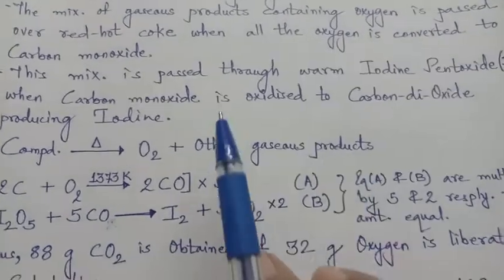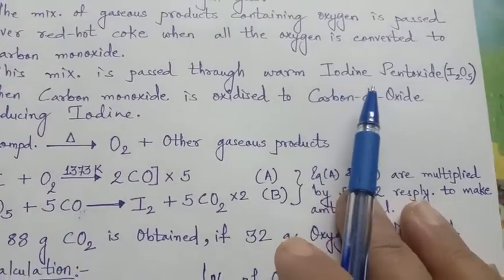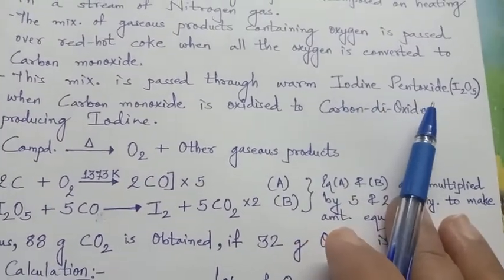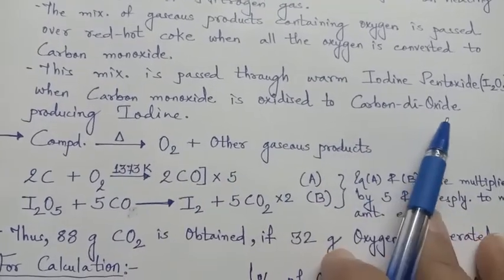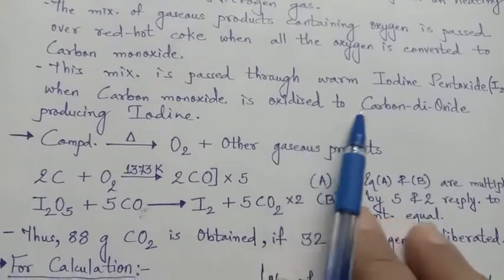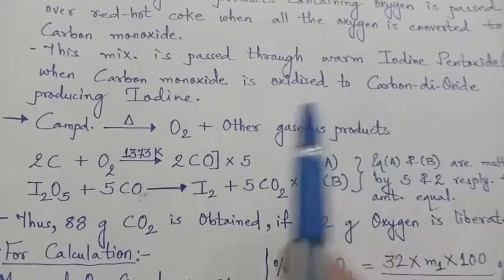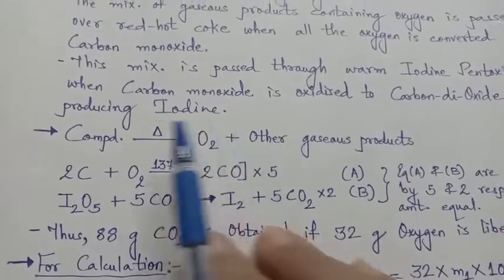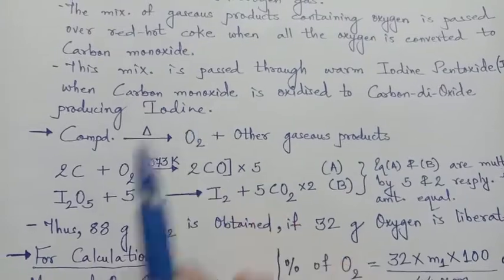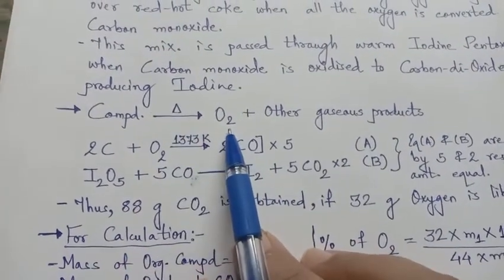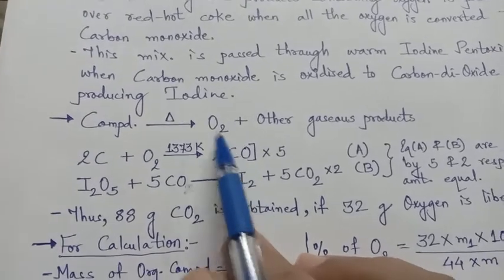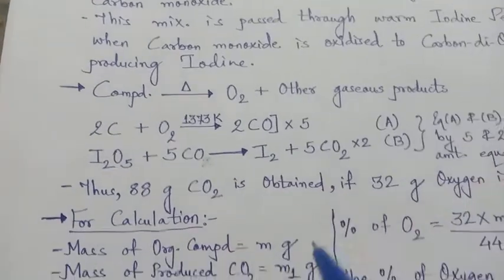And then this mixture is passed through warm iodine pentoxide, I2O5, when carbon monoxide is oxidized to carbon dioxide. So more oxygen is added, and iodine is produced. So organic compound on heating gives oxygen, that is O2, and other gaseous products.